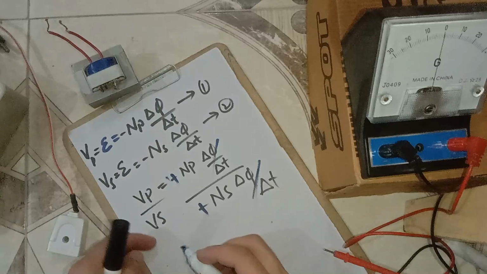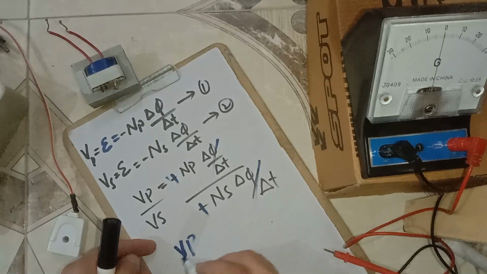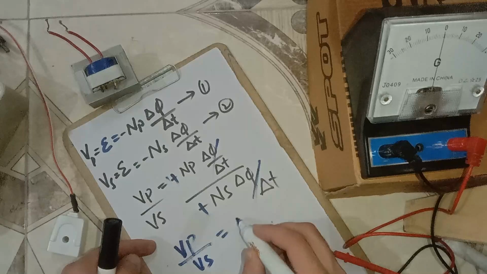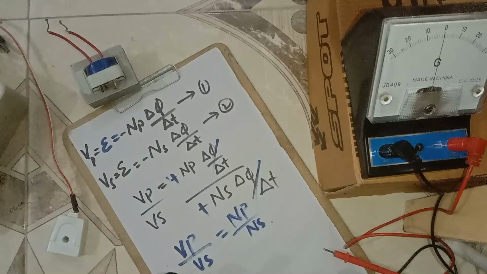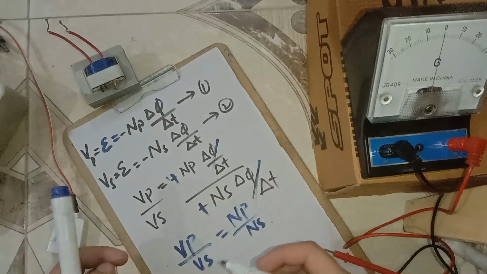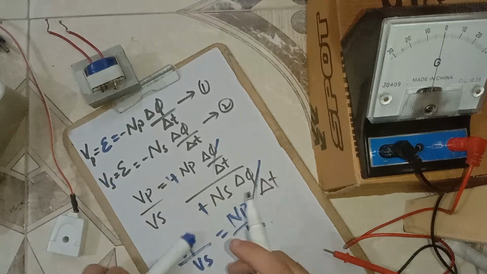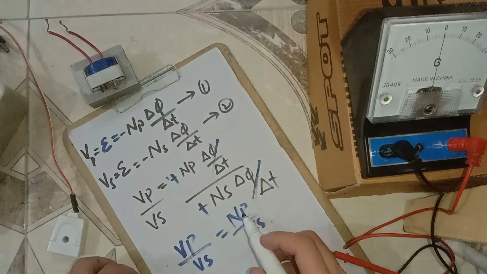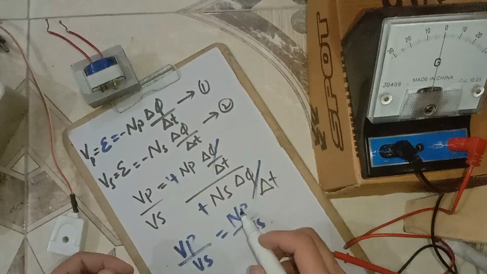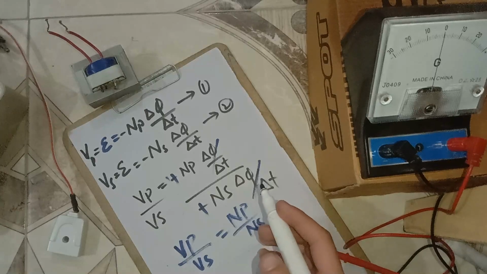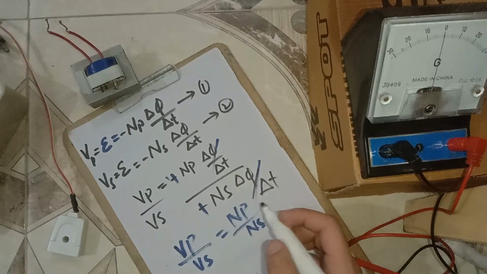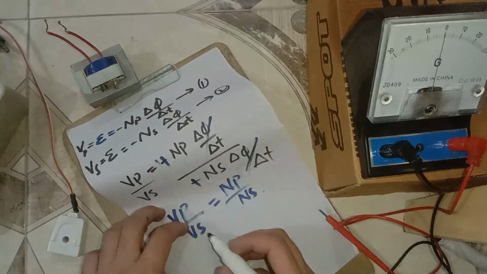Okay, so this becomes Vp by Vs equal to Np divided by Ns. So from here we conclude that if the number of turns of the primary coil is greater than the number of turns of the secondary coil, in this case this transformer is called a step down transformer.